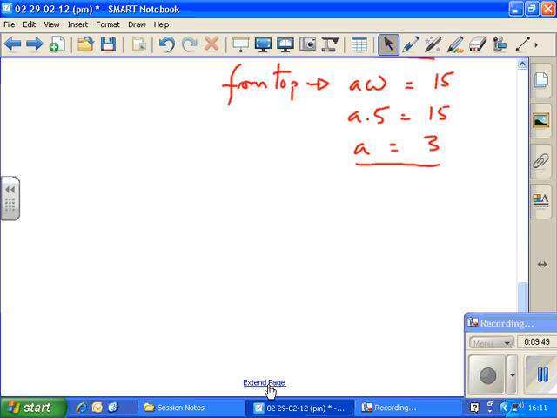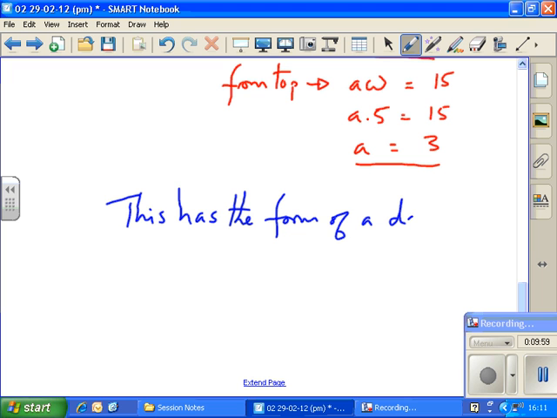So this has the form of a damped sine wave. And if you look at your table of transforms, it looks like this: B e to the minus at sine omega t.